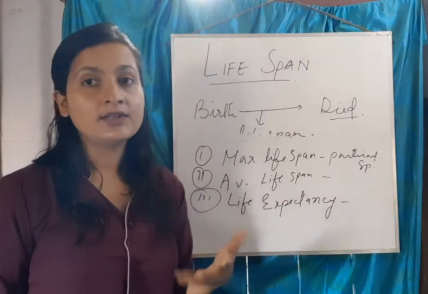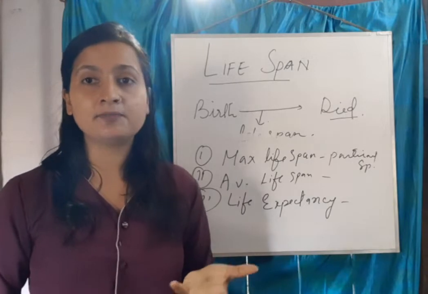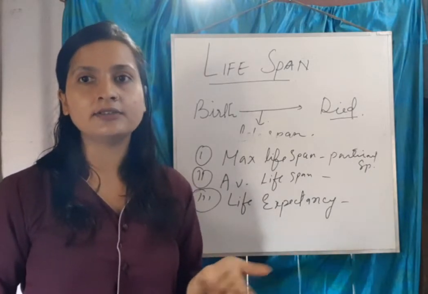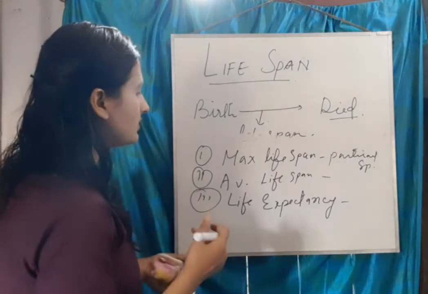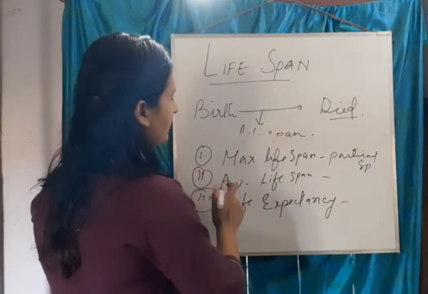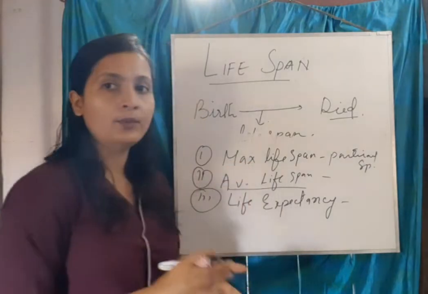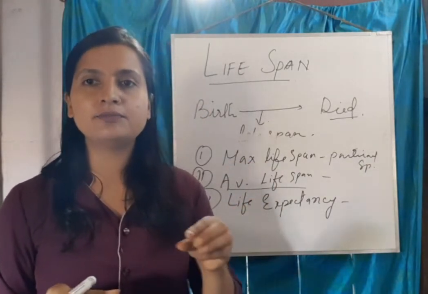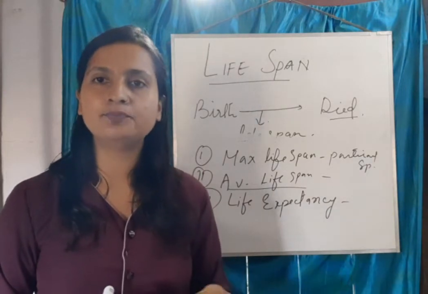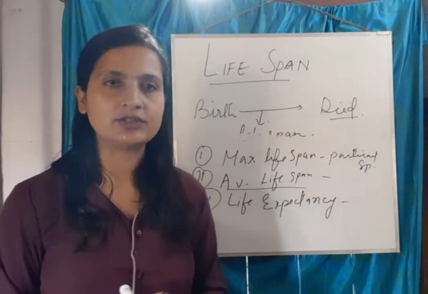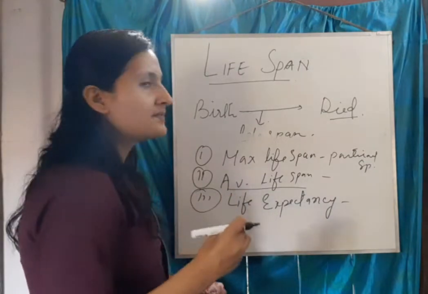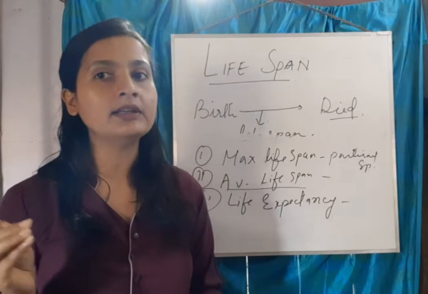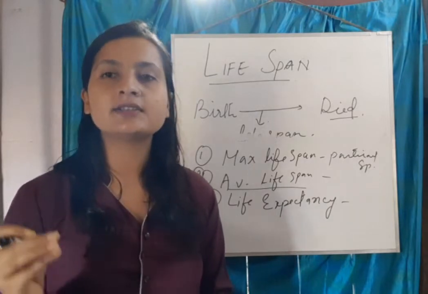Let me tell you, in Japan the human lifespan is higher than in all others. So the average lifespan tells you, on an average, what the survival of that population will be. So average lifespan is based on a population, not on a single person or an individual.